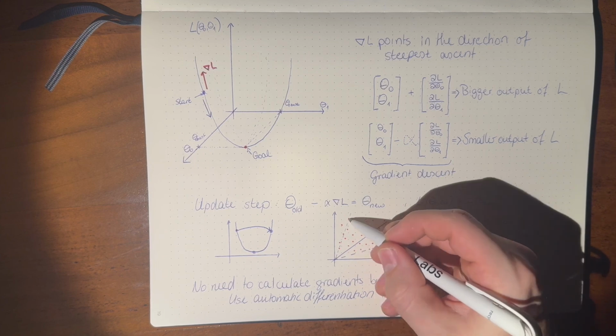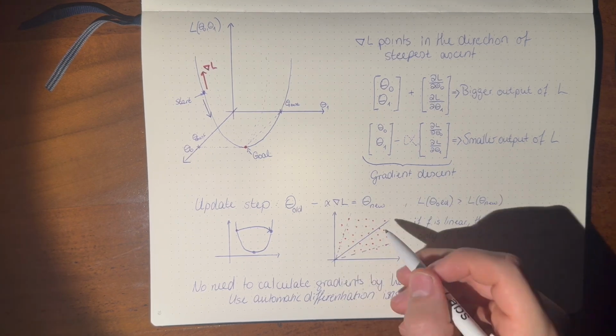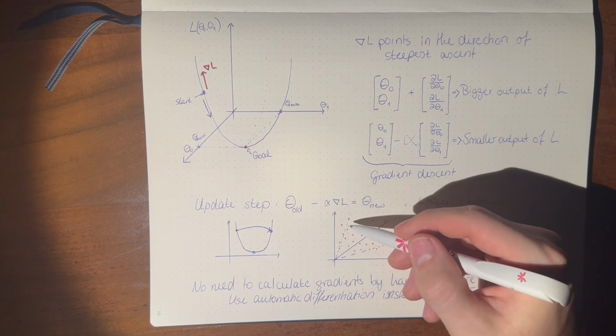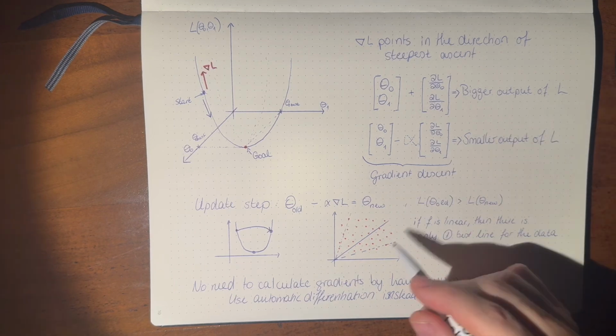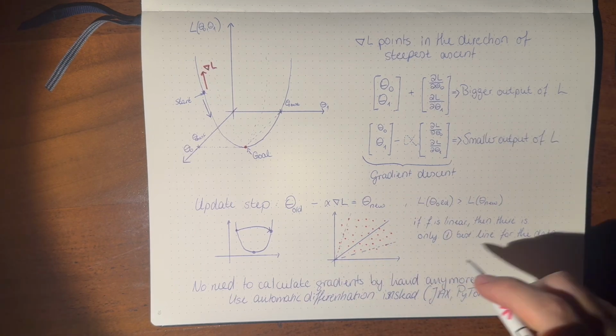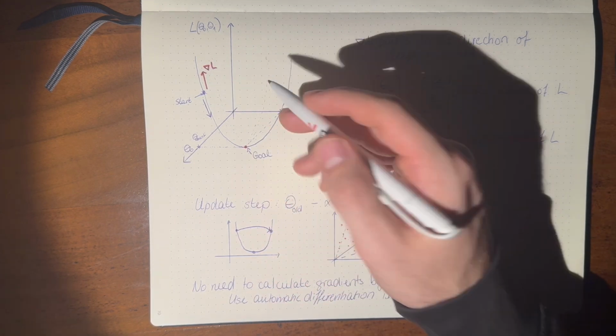For example, this line right here is perhaps not as good as this one, which in turn is not as good as this one. And it turns out that this line is the best descriptor for this data set, even though it's not a good one, but it's the best one out there. And because there's only one best line for this data, there's only one minima in our loss function.